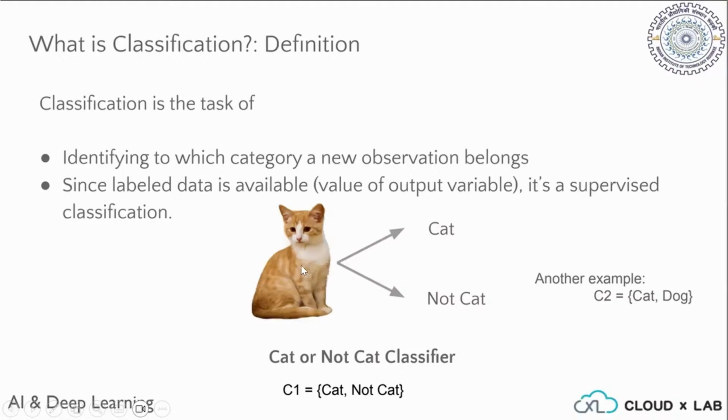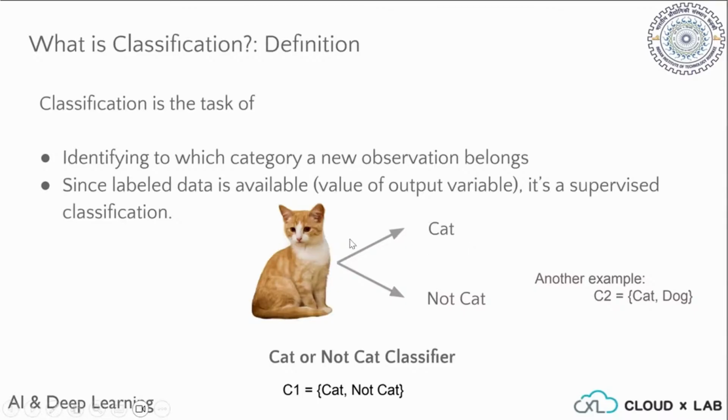For example, some bunch of cat images are given, so we already know this is the cat image and this is the dog image. So we are given some labeled data where we already have the input-output mapping, so for each input we have the corresponding output. In other words, that output is called the label. For example, here the label of this image is cat.